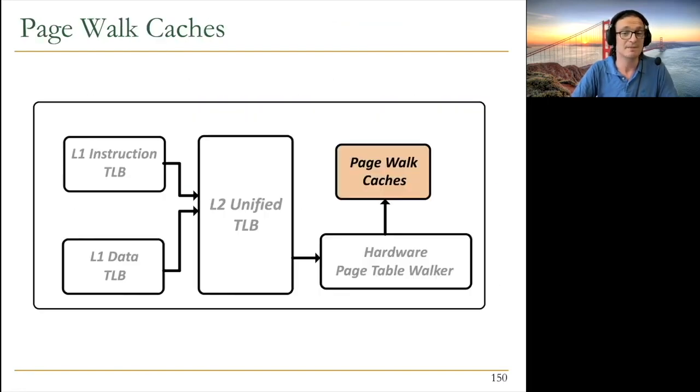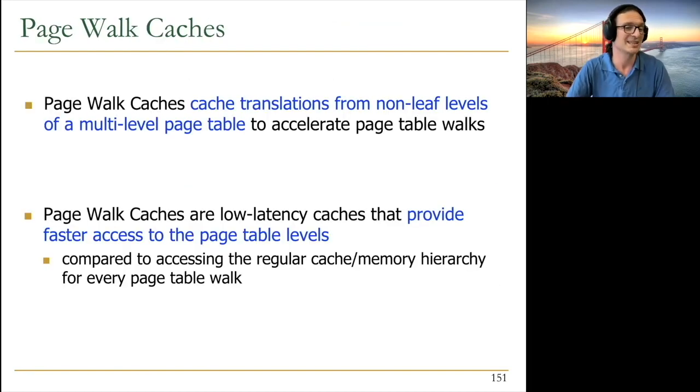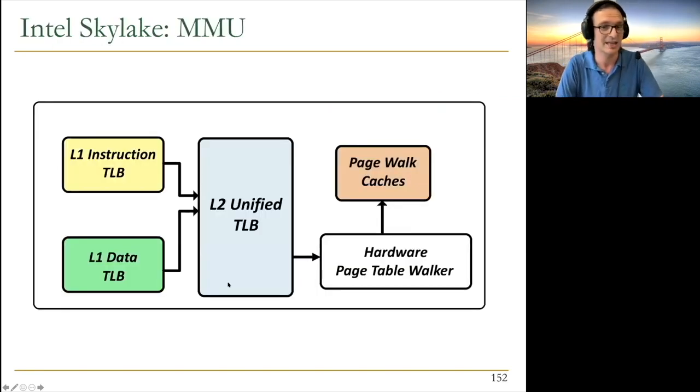Basically, you want to speed up the hardware page table walk. That's the idea. I already said all of this, actually. These are low latency caches that provide faster access to the page table levels so that the page table walker does not have to access memory or the cache hierarchy for every page table walk. It can just access these page walk caches, okay? And that's the Intel Skylake MMU for you, basically, in a nutshell, very quickly.